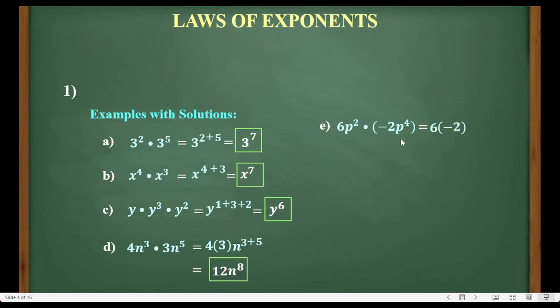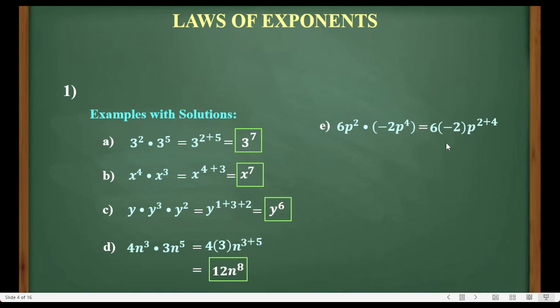So we have 6 times negative 2, and then followed by p squared to be multiplied by p to the fourth. Here you can now use the operation of multiplying powers of the same base. So we have p raised to 2 plus 4.